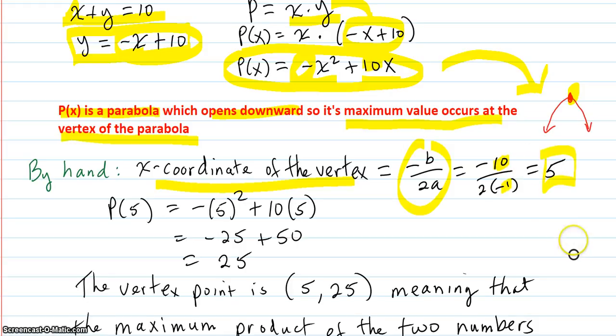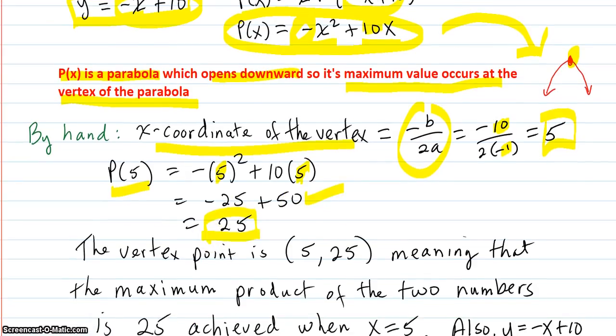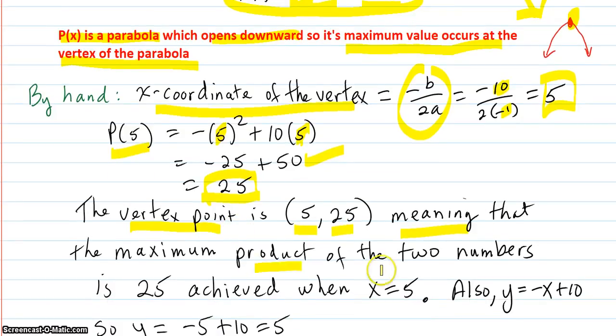Okay, then we plug it into p's formula, which is negative x squared plus 10x. Plug that in, work it out, comes out to be 25.